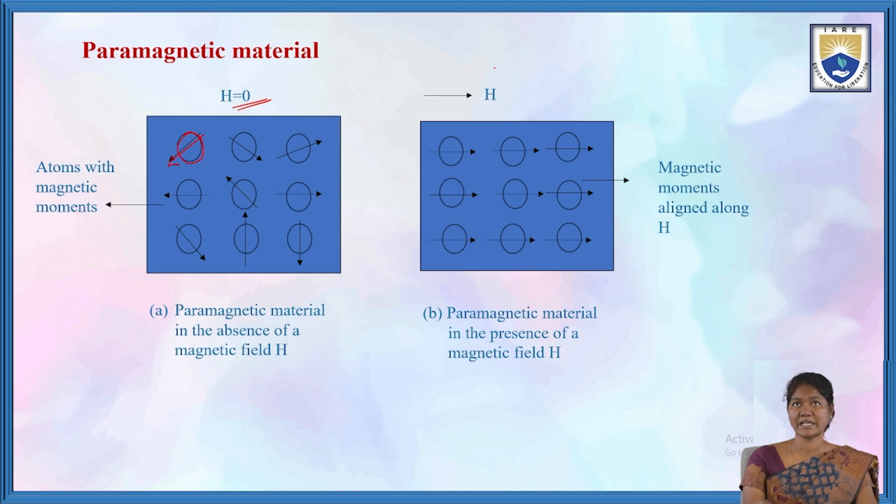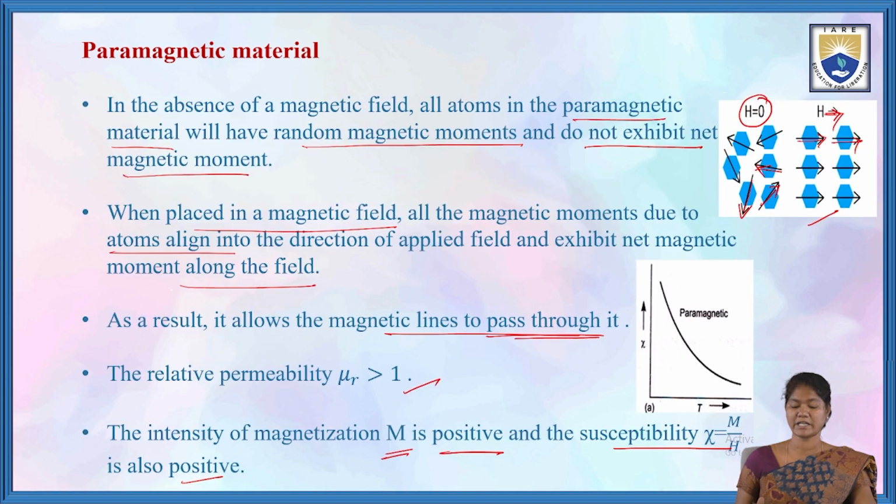When some magnetic field is applied to the paramagnetic material in this direction, the magnetic moments of the atoms align along the field direction. So all the magnetic moments align in the direction of the applied field, so that it allows the magnetic lines of force to pass through it.